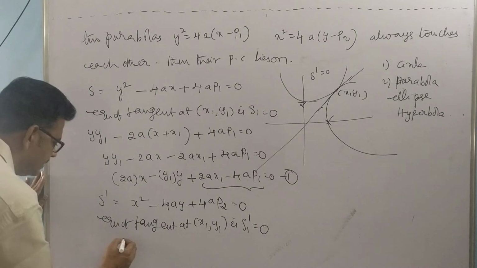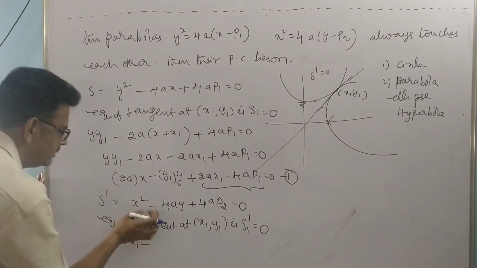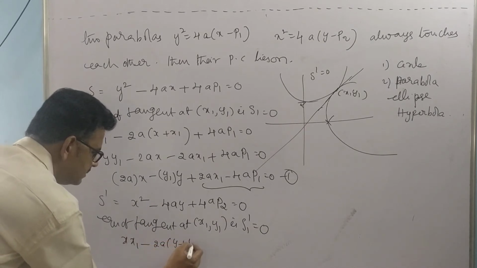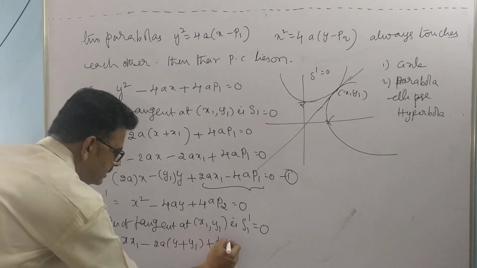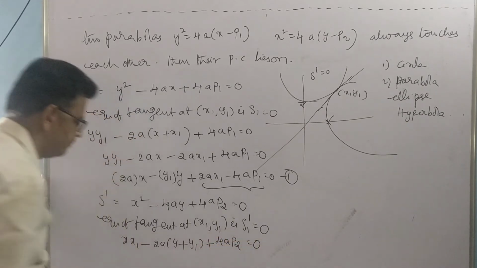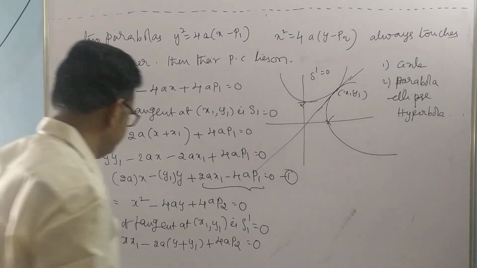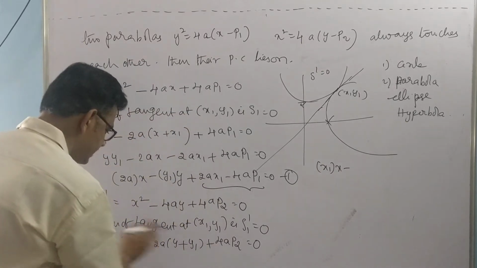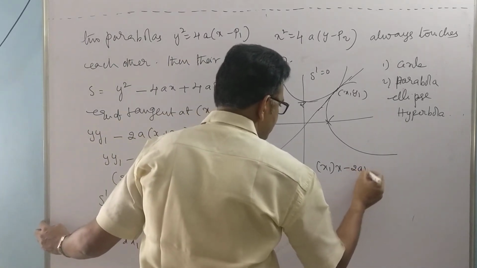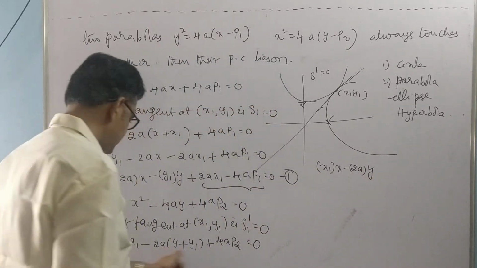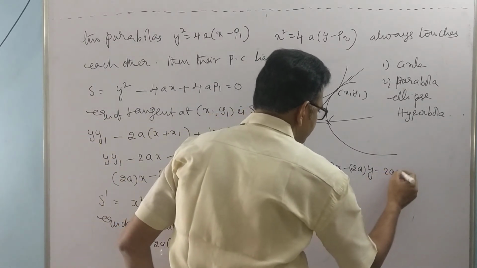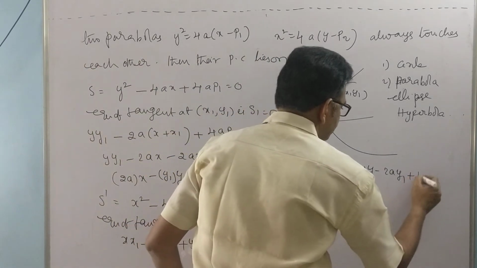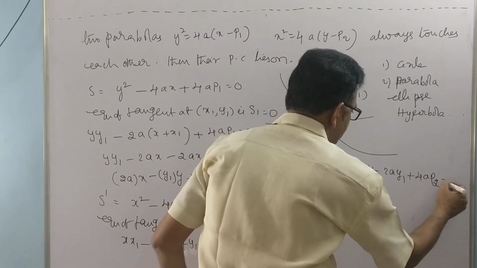That is xx1 - 2a(y + y1) + 4ap2 = 0, that is x1 x - 2a y - 2a y1 + 4ap2 = 0.